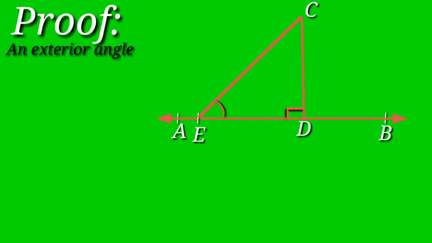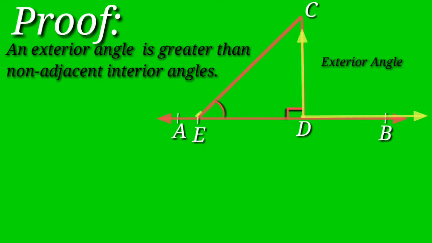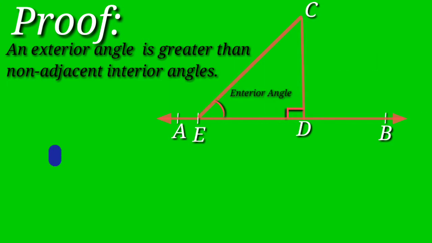An exterior angle is greater than non-adjacent interior angle. In the triangle CDE, angle CDB is exterior angle, while angle CED is non-adjacent interior angle, and angle ECD is also non-adjacent interior angle.